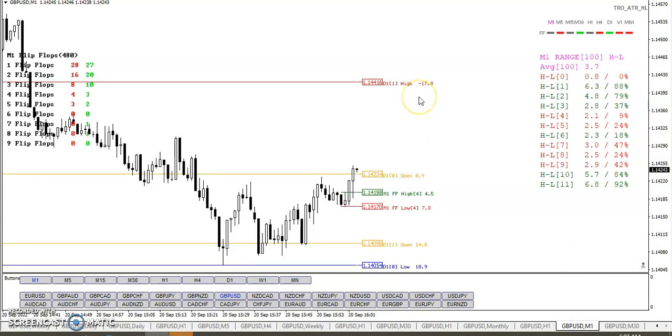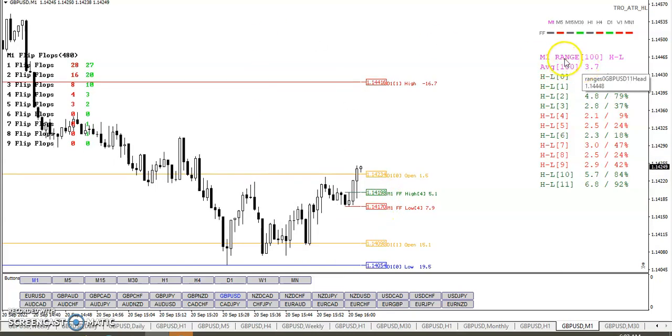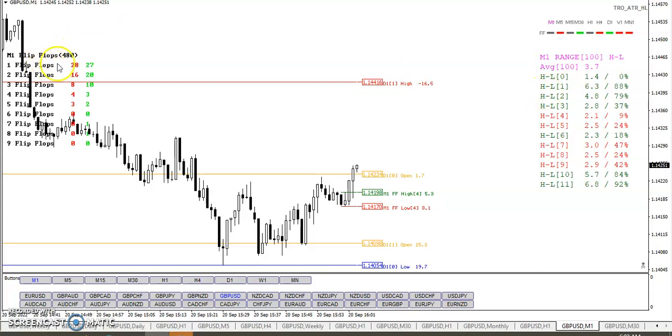And let's see. So here on the 1 minute chart, I have the flip-flop indicator loaded here. I have smart ranges over here, and then I have a bar stats FF there.